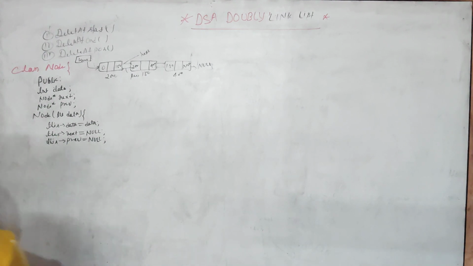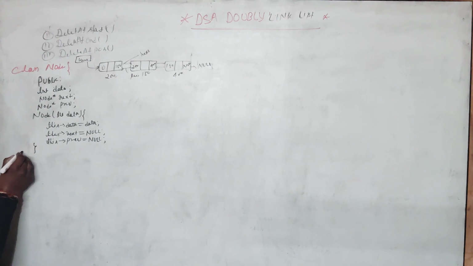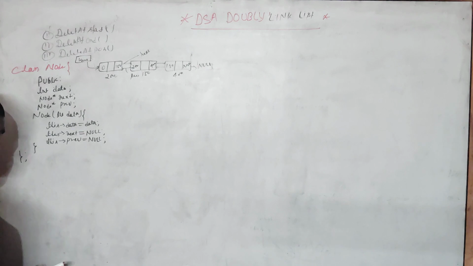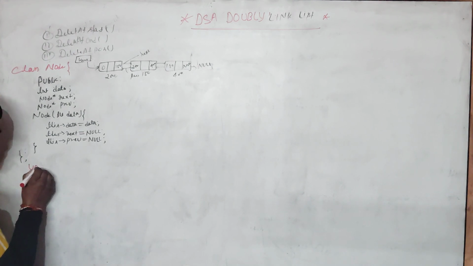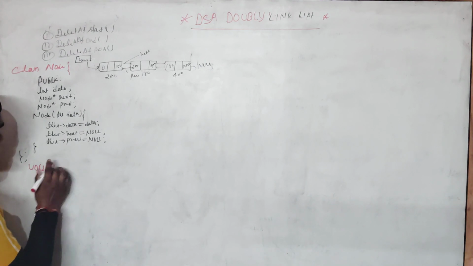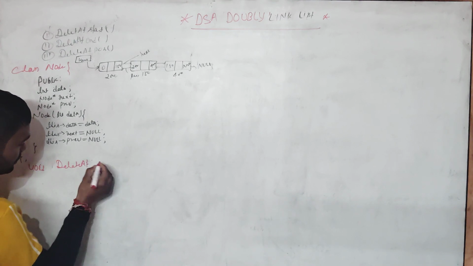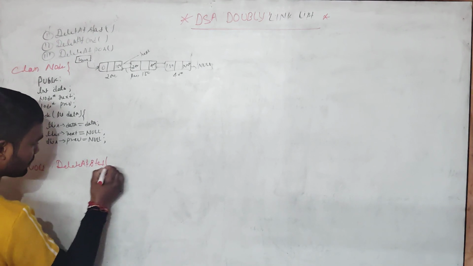Let me close this class. I already created the Node constructor. Now I'm writing one function: void deleteAtStart.